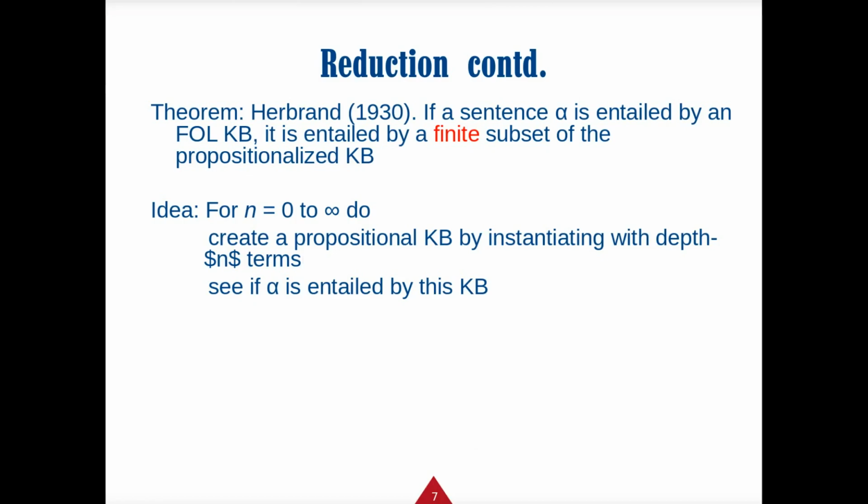The Herbrand theorem says that if a sentence alpha is entailed by a first order logic knowledge base, then it's entailed by a finite subset of the propositionalized knowledge base. The idea is, for n from 0 to infinity, create a propositional knowledge base with depth n terms and see if it's entailed.